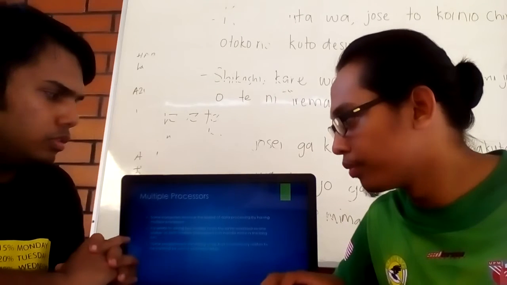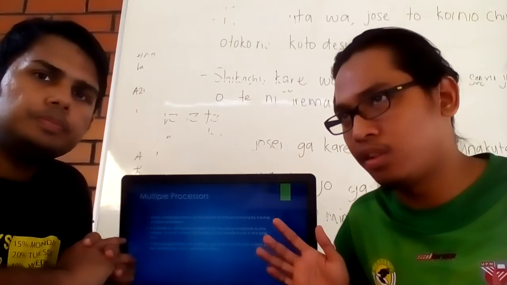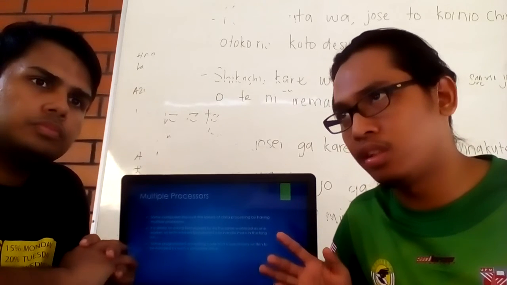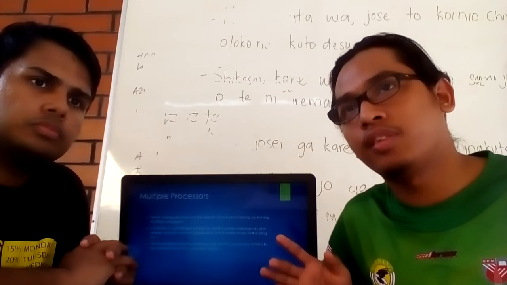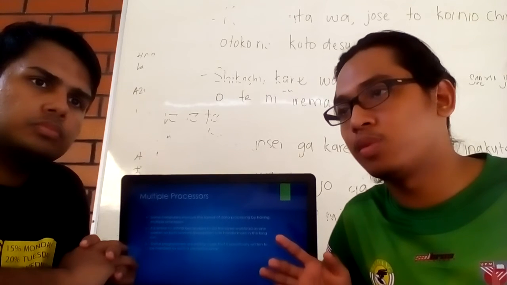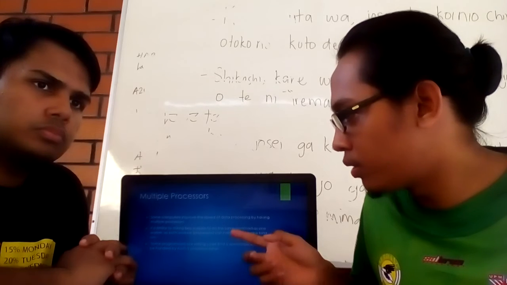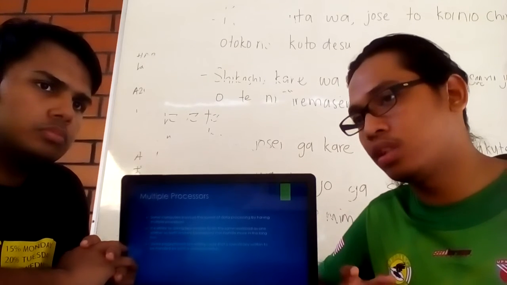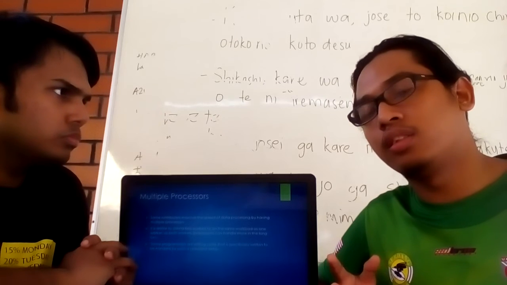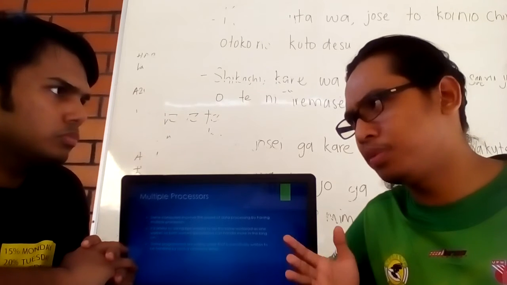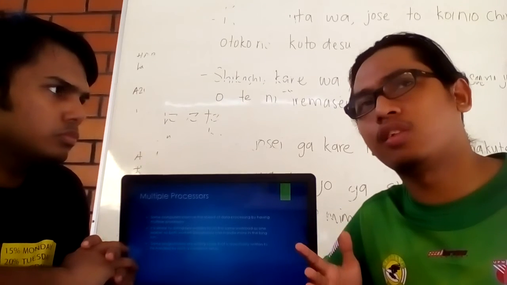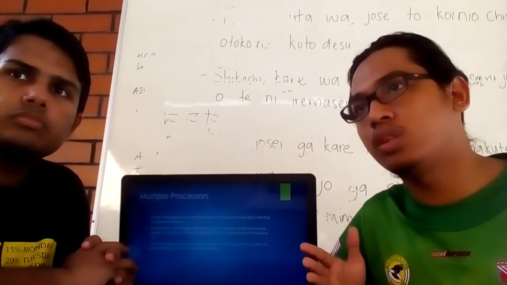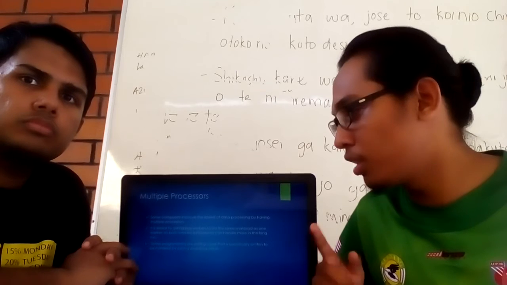This is what I talked about: the more processors the computer has, the faster the speed of the processor. It's similar to two workers: if two workers do one job, the job will take less time than one worker doing the same job.